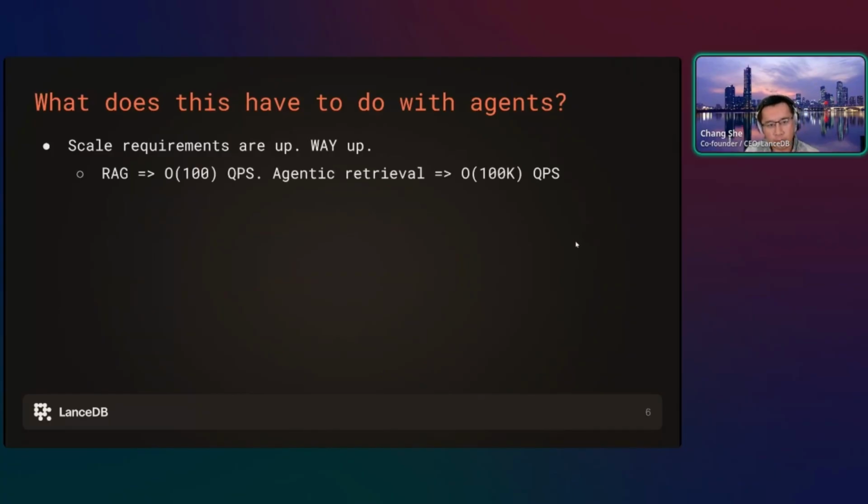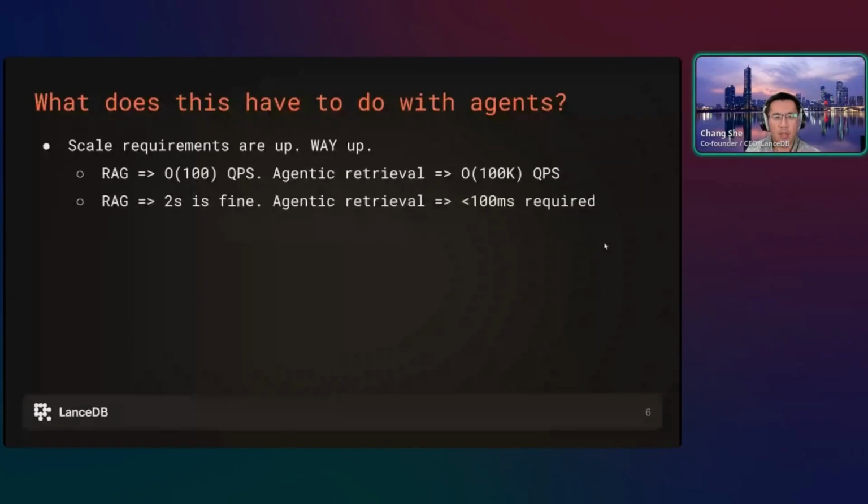A few years ago, our RAG users and customers were looking at tens of queries per second, hundreds of queries per second. This year, we're talking to companies that need tens of thousands to hundreds of thousands of queries per second on just a single table. And this is because a lot of that retrieval is now done by agents, and agents can be massively parallel, right?